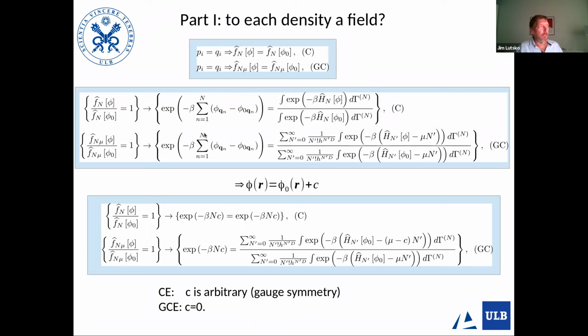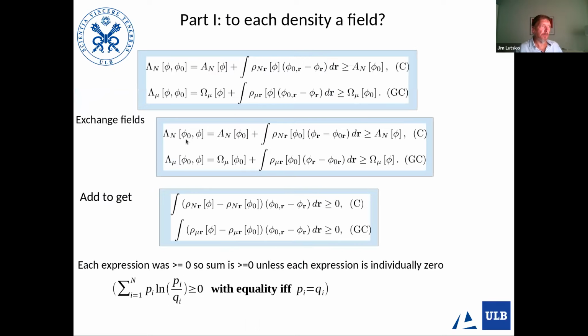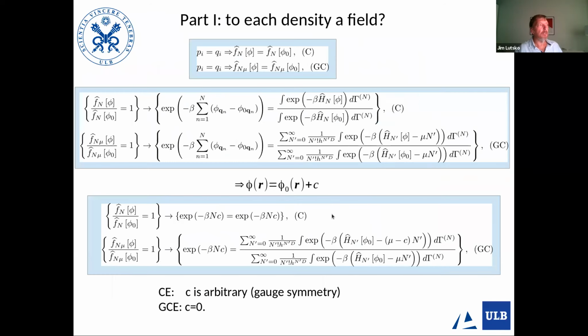So the only way this inequality that we were looking at is saturated is if the two fields are related by a constant. Now, if you put this in and simplify the resulting expressions, in the canonical case, you just get an identity. And so it's true no matter what the constant C is. In the grand canonical case, you don't.